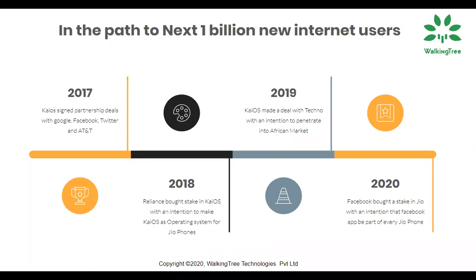Similarly, more and more companies may tie up with Jio so that the moment you buy a phone, their app is already available as a standard app and you automatically become their customer. So right now the competition is at the level of how to acquire 1 billion more new internet customers so that I can sell my services more.